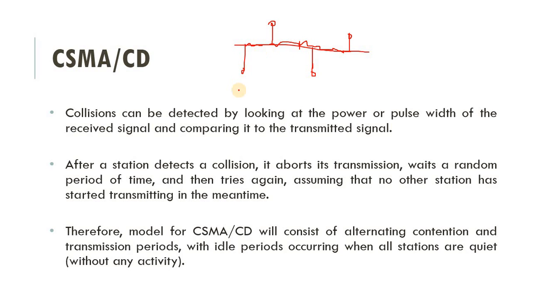So how does this station know that the collision is created? Because it is already in a transmitting state, data is already transmitted in this direction. The data is collided, and some data is transmitted in this direction, some data in that direction.